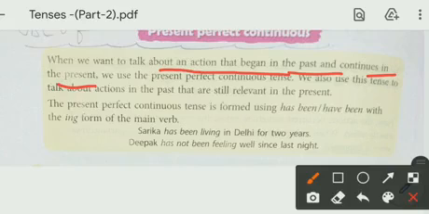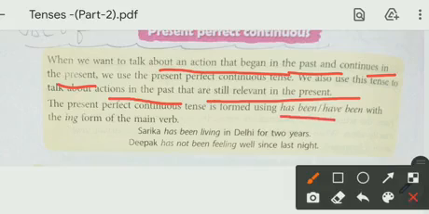We also use this tense to talk about actions in the past that are still relevant in the present, यानी कि past के वो action जो कि present में भी relevant हैं, उन्हें बताने के लिए भी हम present perfect continuous tense use कर सकते हैं. And has been, have been plus ing form in the main verb, we have already done in structures.